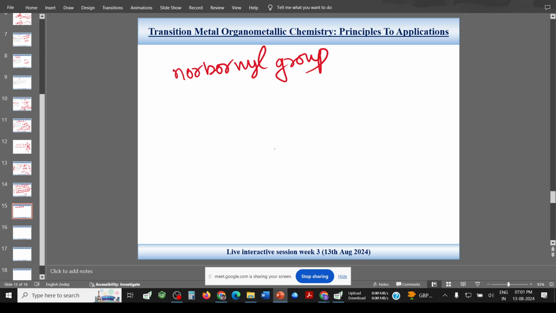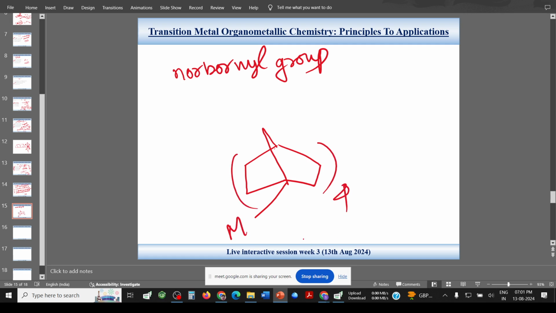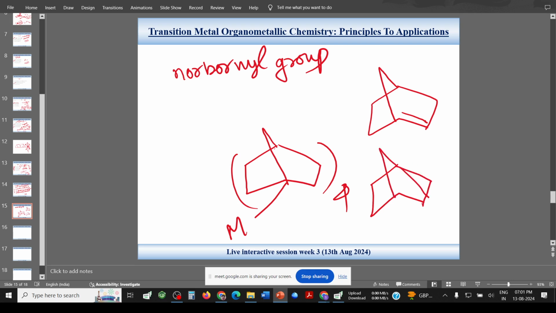If we have a metal attached to this and we have 4 ligands attached to the metal, after beta hydride elimination the double bond would be at either of the bridgehead positions, here or here, which is not stable.